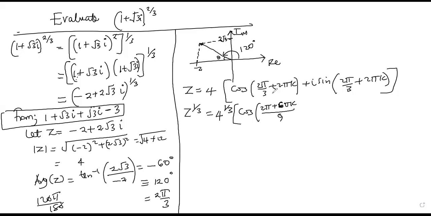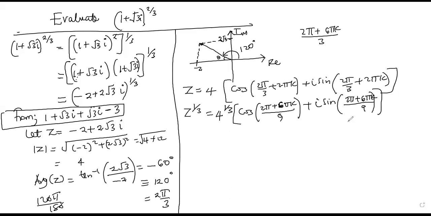Because after getting this LCM here, the whole thing before bringing a 3 inside is 2 pi plus 6 pi k out of 3. But then you have to bring the power down, so it will find this 3, it makes it 9. Okay, plus i sine of 2 pi plus 6 pi k out of 9.